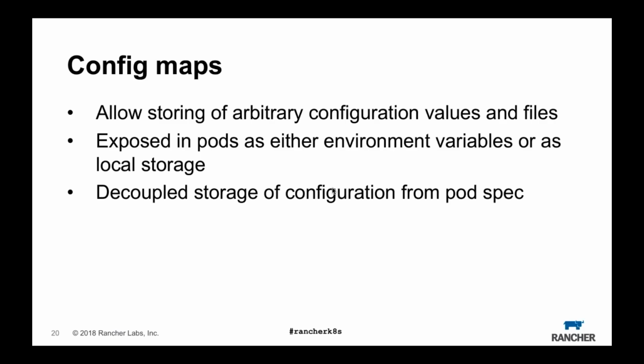So what config maps do is they decouple the storage of the configuration and allow you to provide your pods with the configuration as either environment variables, or you can write them also in a volume in the container.